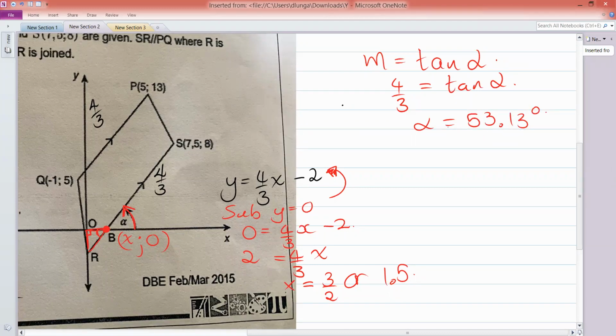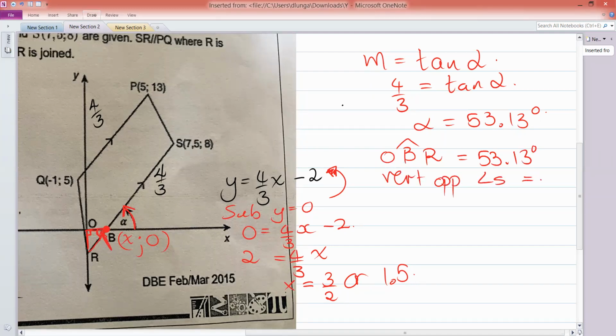That means the angle OBR, this little angle here, the one I'm pointing to now, is also 53.13, and the reason is vertically opposite angles are equal.